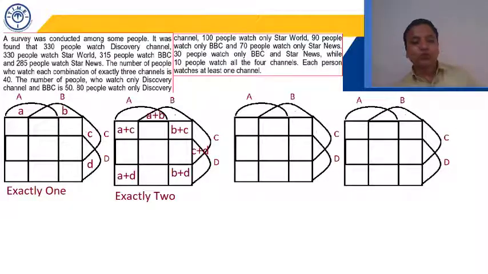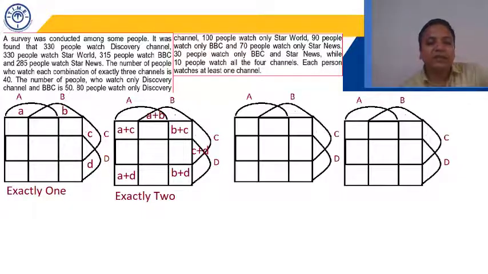Then exactly 2, that means the regions which represent people reading exactly 2 newspapers. So there are 6 regions as shown. A plus B means the region comes under A as well as B, so the people here are reading both the newspapers.